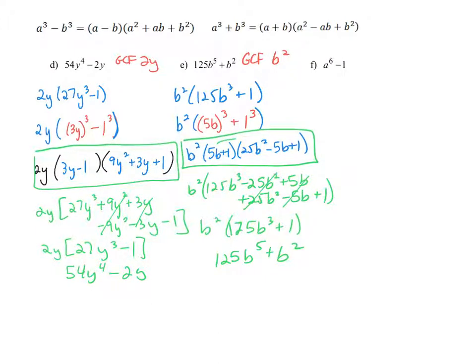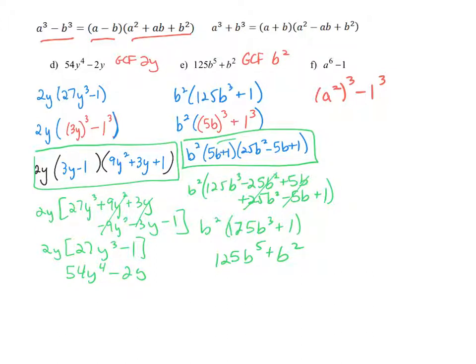In example F, we have a to the sixth minus 1. Now this may not at first look like the difference of two cubes, but we can write a to the sixth as a squared to the third power. So a squared to the third power is your a cubed, and then your b cubed would be 1 cubed. So we can use the first model equation for factoring a difference of two cubes.